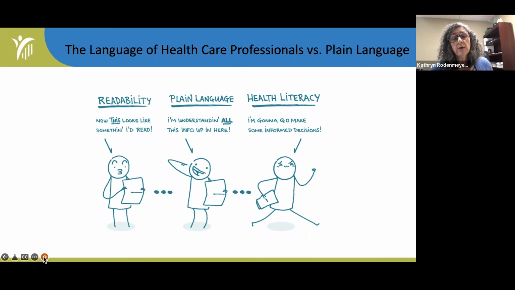Putting it in plain language helps in the communication process, from having the information on the page, to it being processed in the person's brain and mind, and then actually having the efficacy to go and take action. That increases the person's health literacy. That's really the chain of the behavior change that you want to see with your patients.